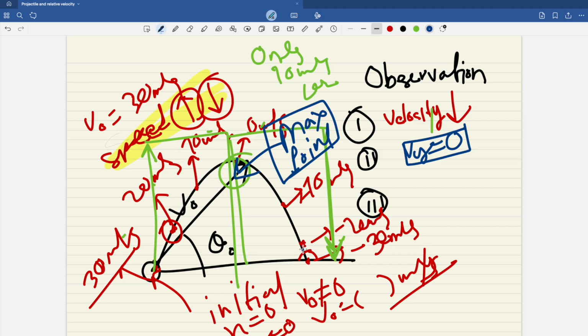So that's a very, very vital observation. So Vy equal to 0 is the main reason why the speed increased in the second phase.